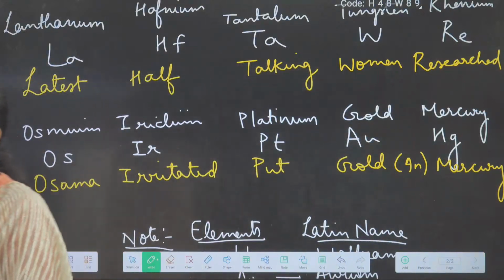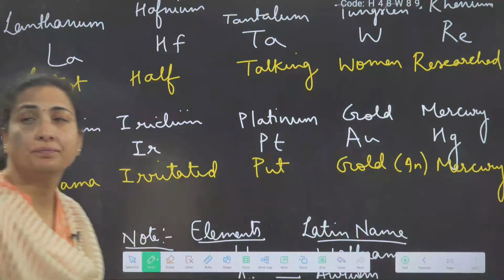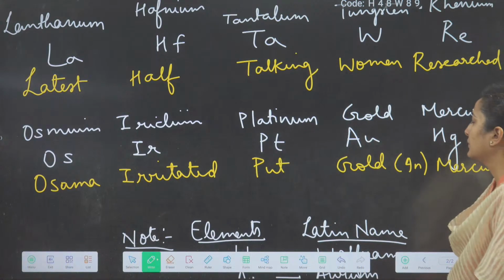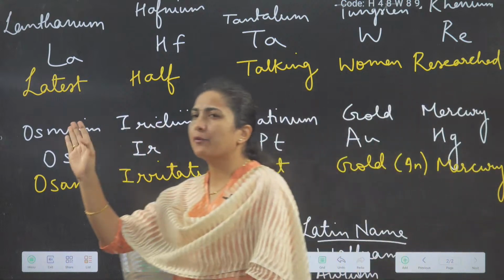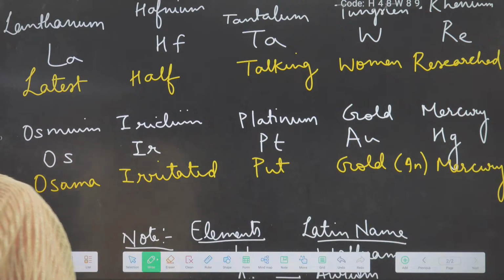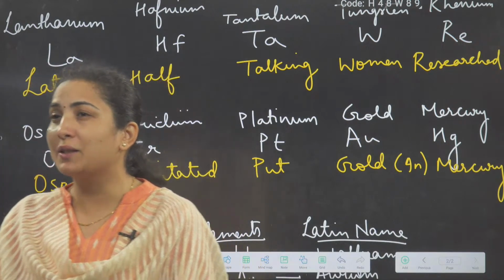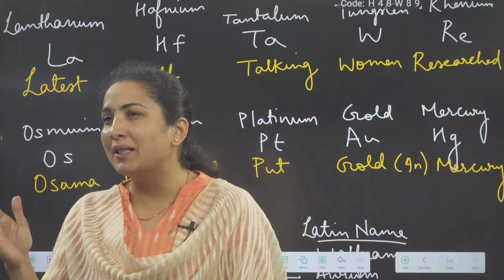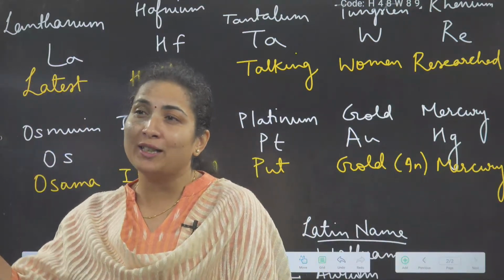And did you people note down the elements and their Latin names? This way it will be easier for you to remember the symbol. Joel is asking me, does it make any problem if we change the position? Yes, it does make a problem, beta, because in the periodic table all the elements are arranged according to their increasing atomic number.